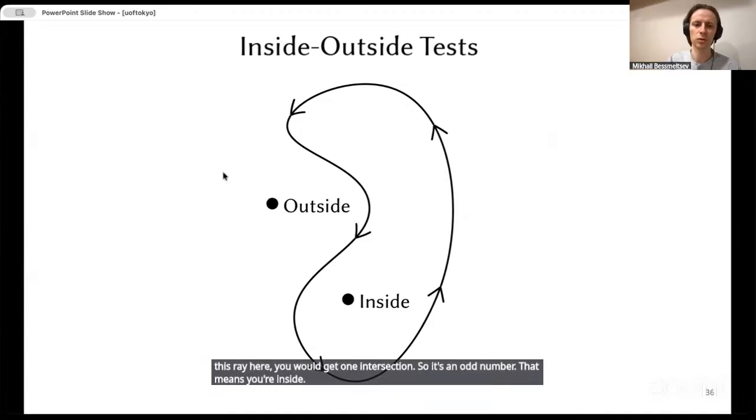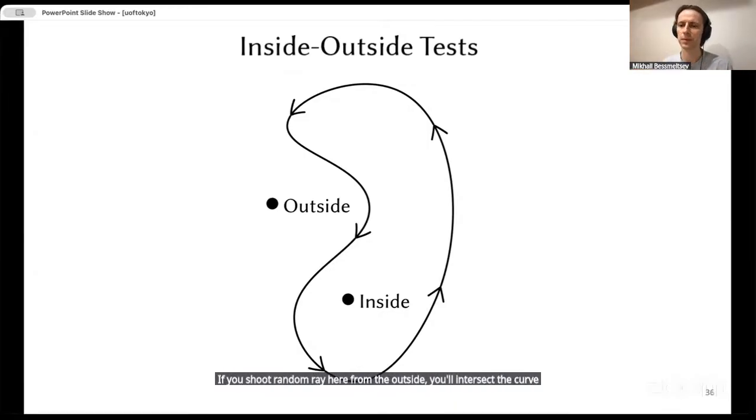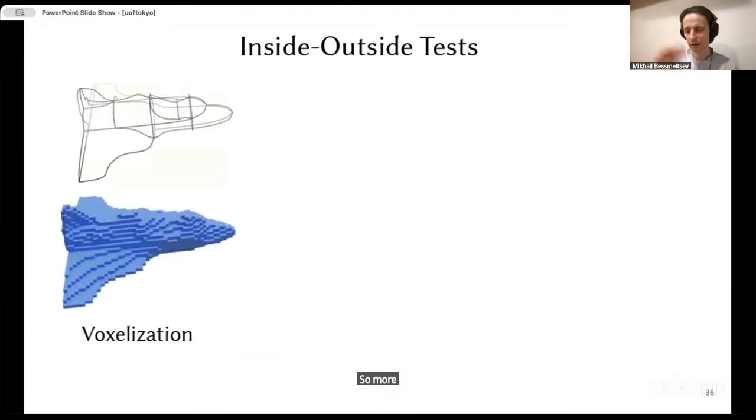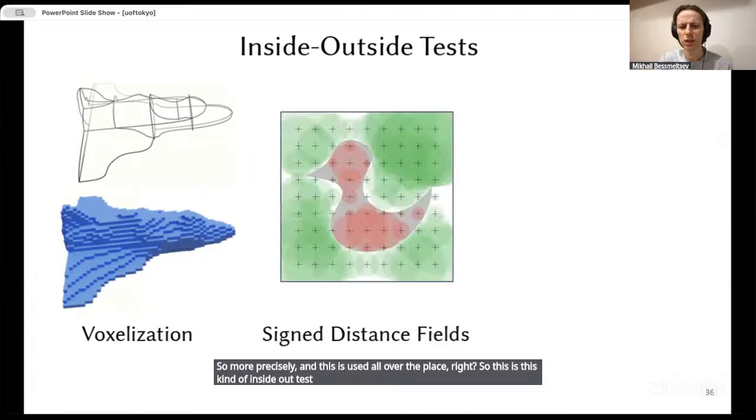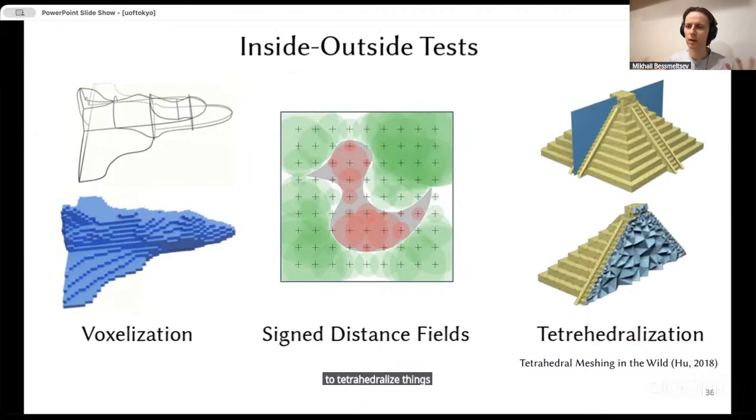If you shoot a random ray here from the outside, you'll intersect the curve an even number of times, right? So you measure whether it's odd or even, and you're done, right? And this is used all over the place. These inside-outside tests are used to voxelize shapes, to produce signed distance fields, to tetrahedralize things, and so forth. It's a very basic and important test in geometry processing, right?